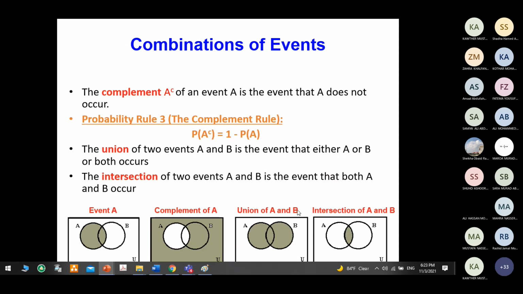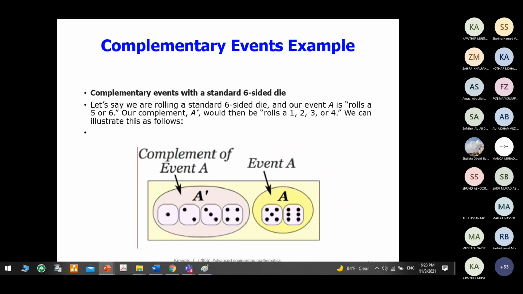Union of A and B is everything in A and B. Intersection of A and B is only the part that appears in A and appears in B. We represent union by U and intersection by the opposite of U.